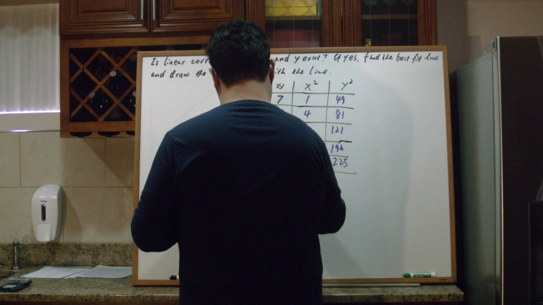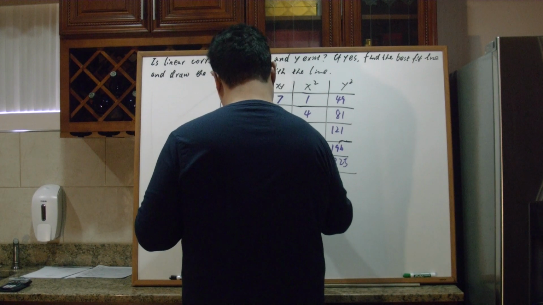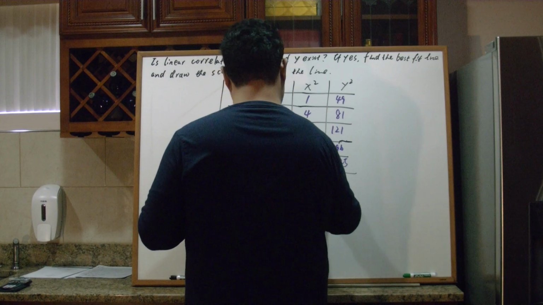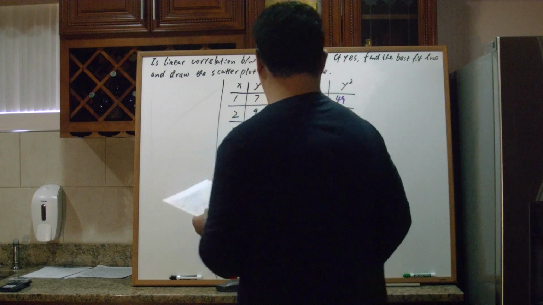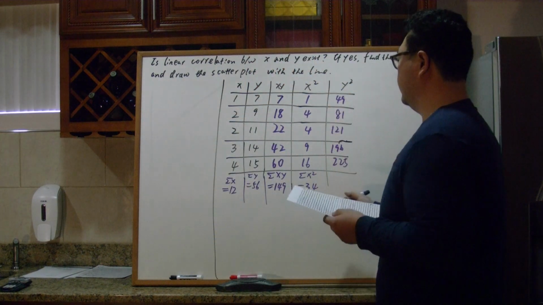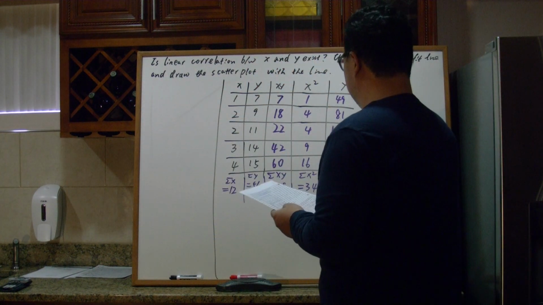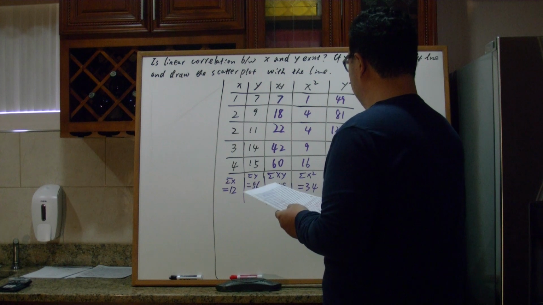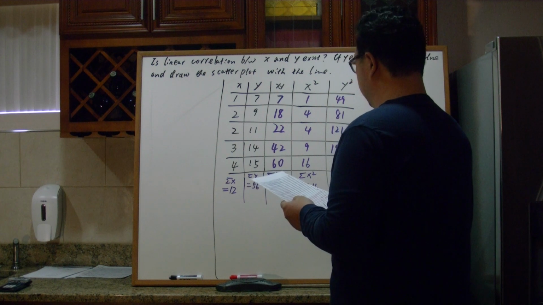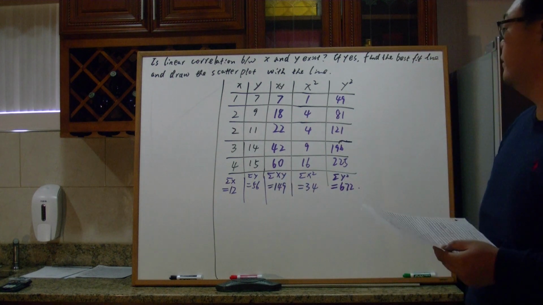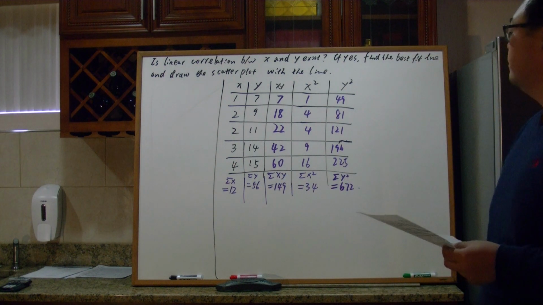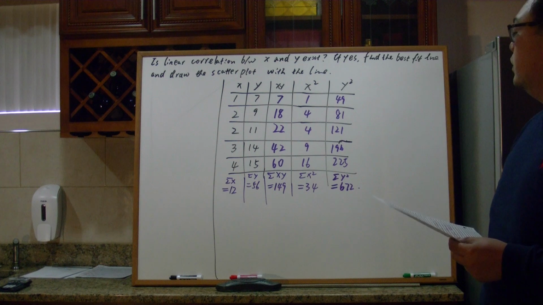Sum of xy, that is 149. And so on. We'll get 34 for the sum of x squared and for the sum of y squared in the last column, that's 672. So those 5 values are what we need.